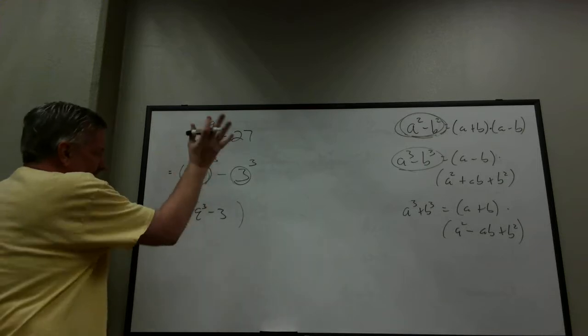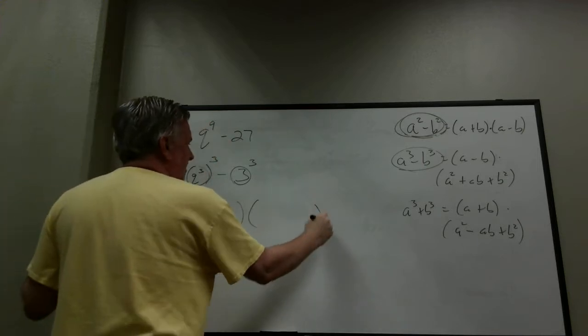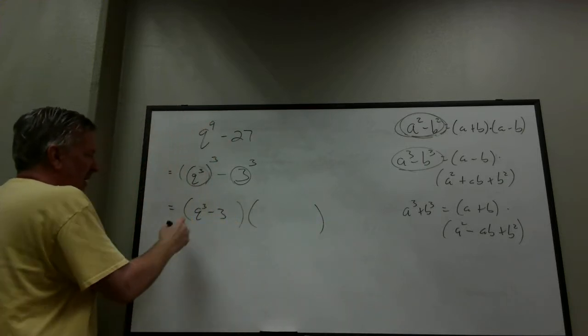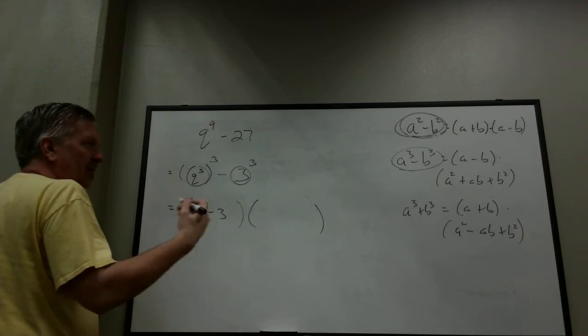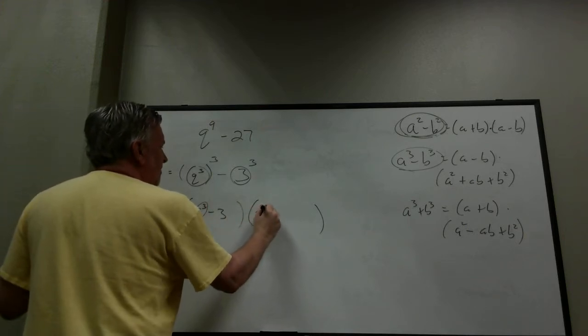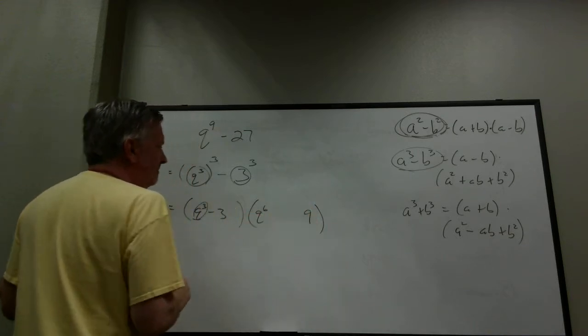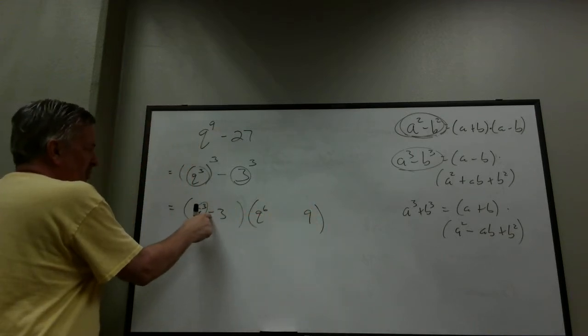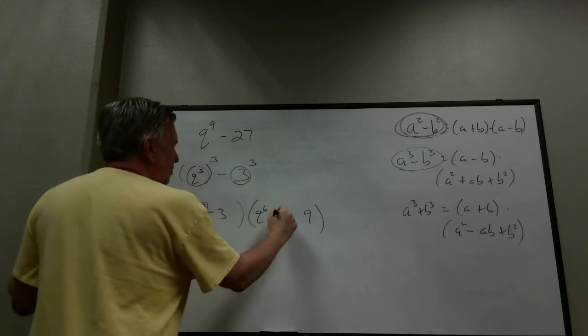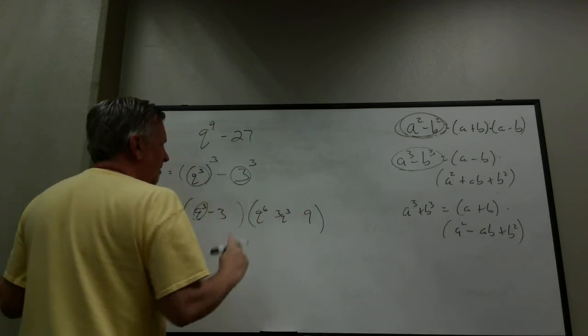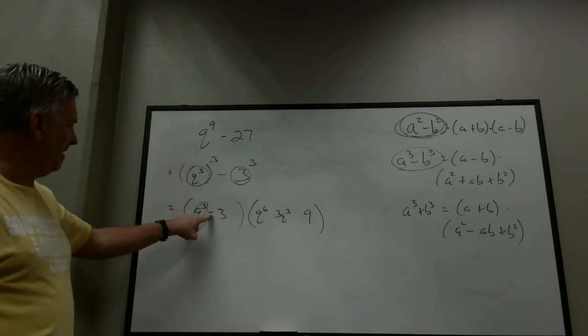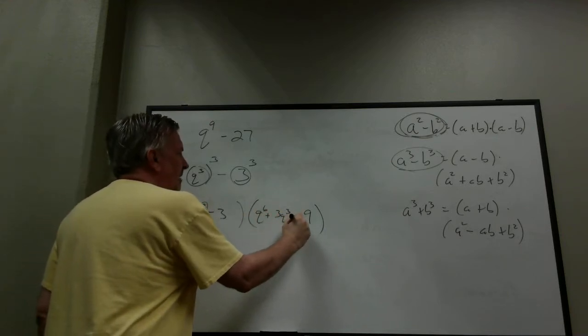And once you do that, you don't even have to look at what we did, just do what I said before. Square that, q cubed times q cubed is q to the 6. Square the 3, 3 times 3 is 9. Multiply those together, don't worry about the minus. 3 times q cubed is 3q cubed. There's always one minus sign, it shows up there, so that's a plus, a plus.